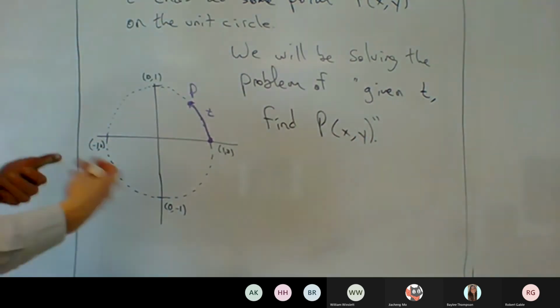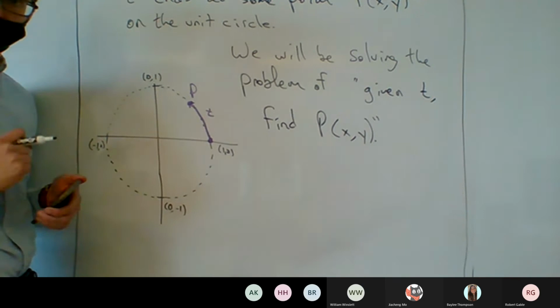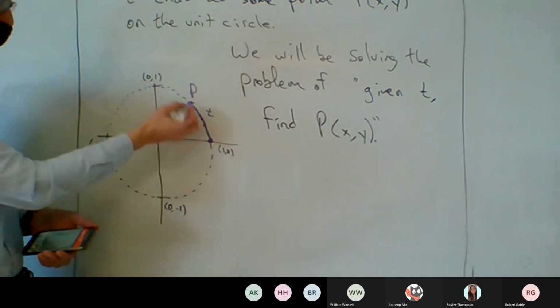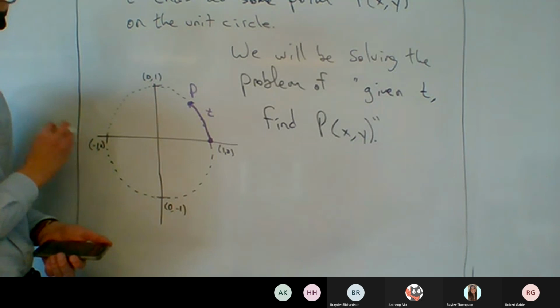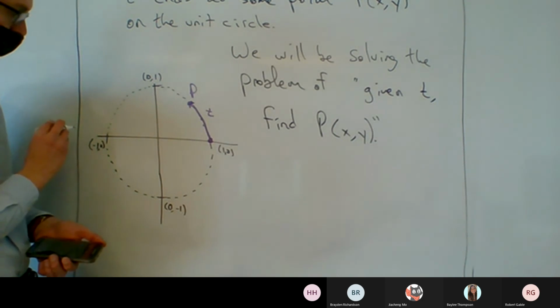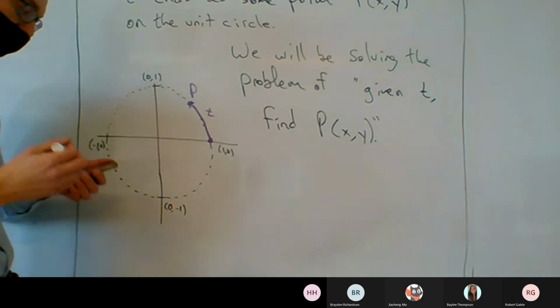Find the coordinate point. So if I tell you that t is equal to pi, that means it goes all the way around and ends here. What coordinate point does it end at? Okay, we're going to be answering questions like that.